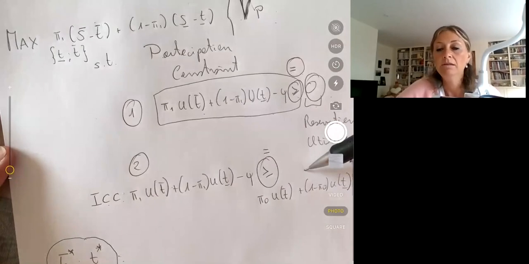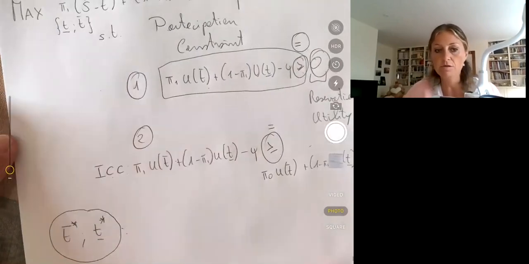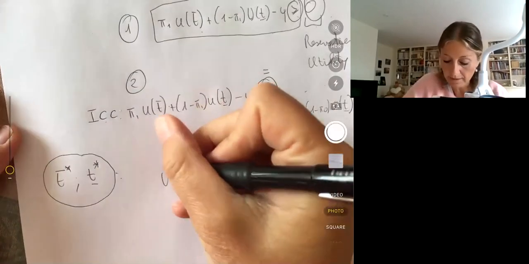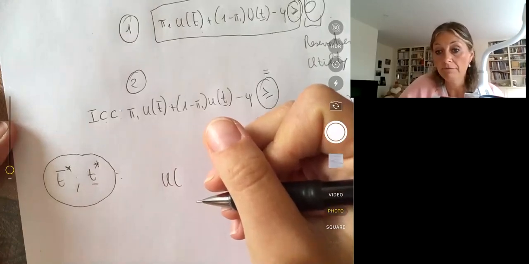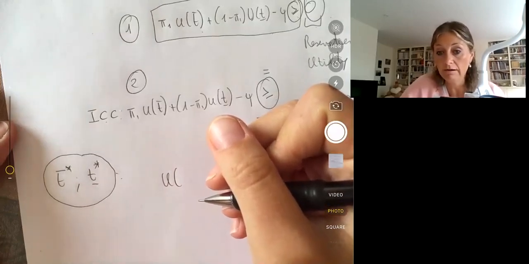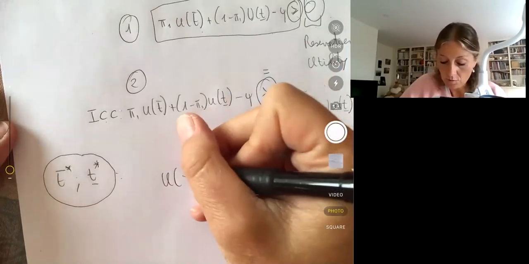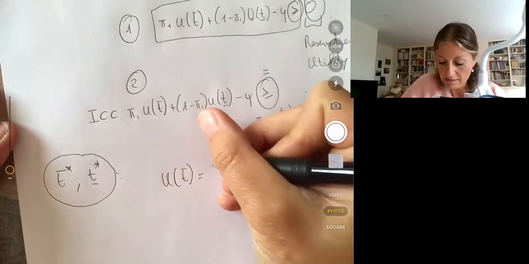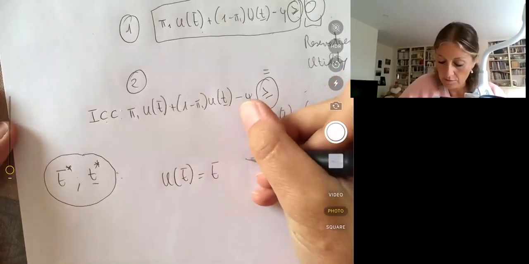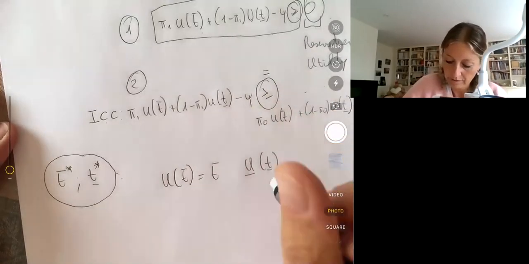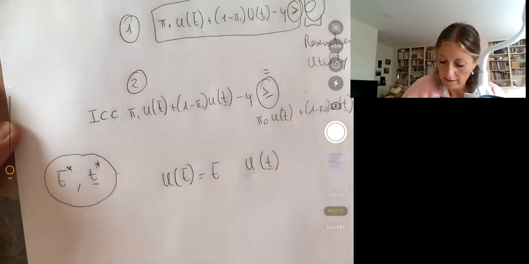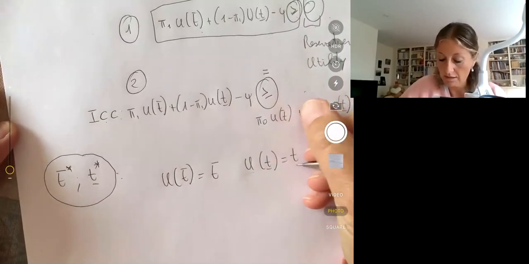So in order to make sure that the problem is concave, we have to make some adjustment, as I mentioned to you. So the first one is that we assume risk neutrality for the agent, and therefore we can turn U of T upper bar into T upper bar and U of T lower bar into T lower bar.